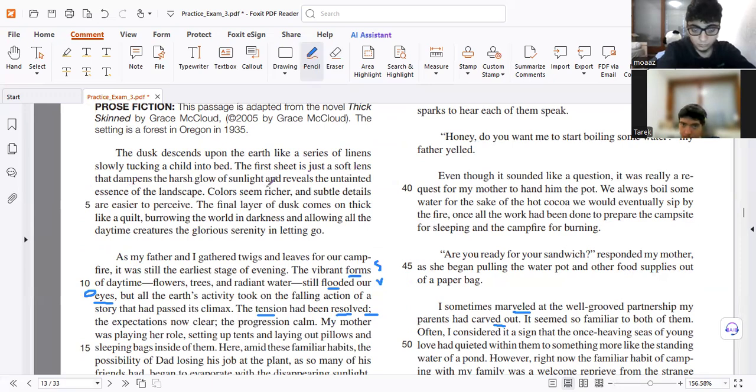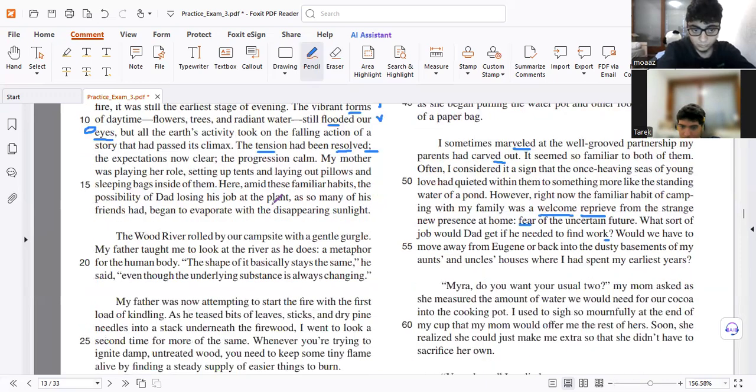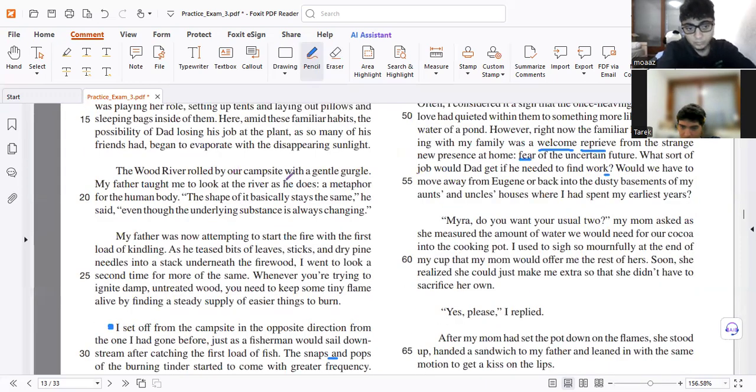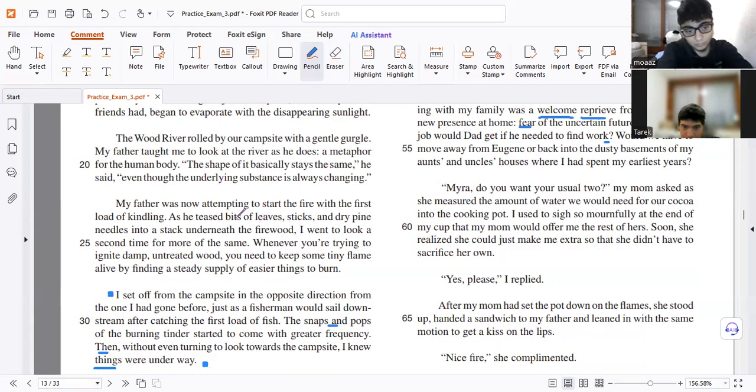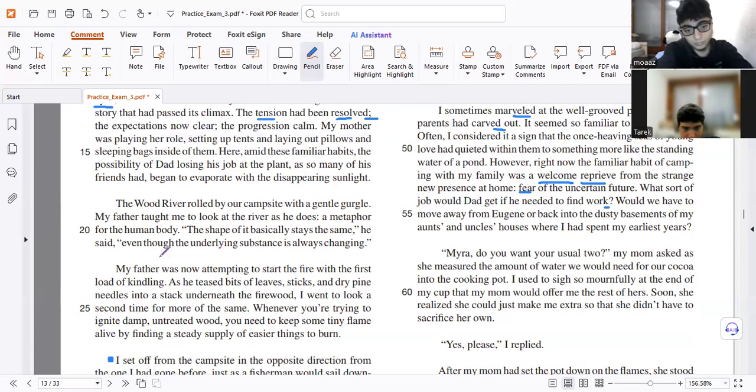Right. Read only the first sentence. Here we did already. Here you have read.